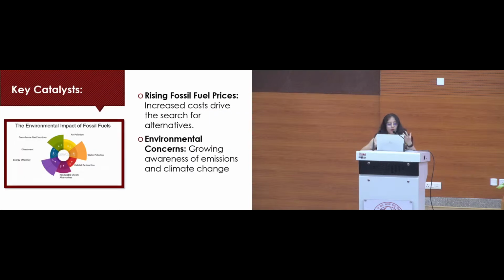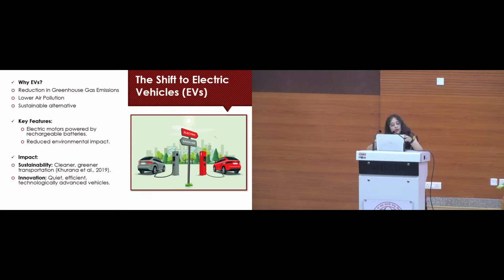But to move forward, we all know what sustainability is, but just to give you a brief introduction about the paper and sustainability: because of the rising fuel prices and obviously the environmental concerns, we have moved from a conventional mode of transportation to a more sustainable one, that is electric vehicles.